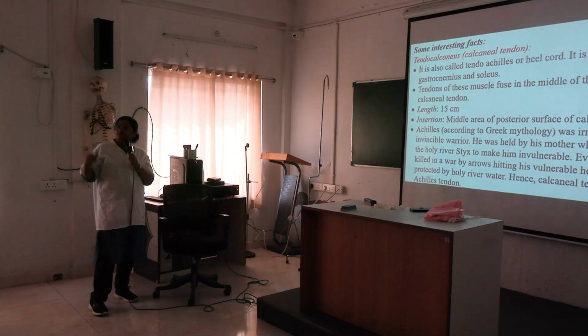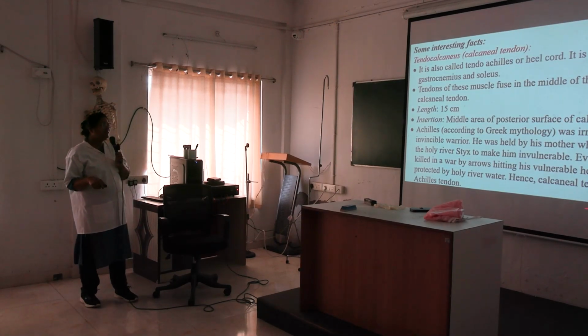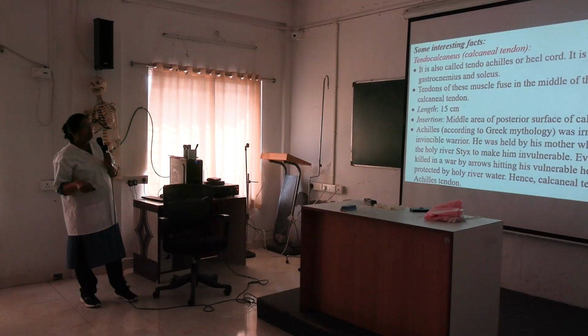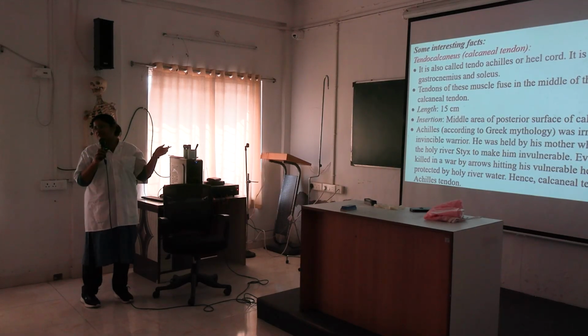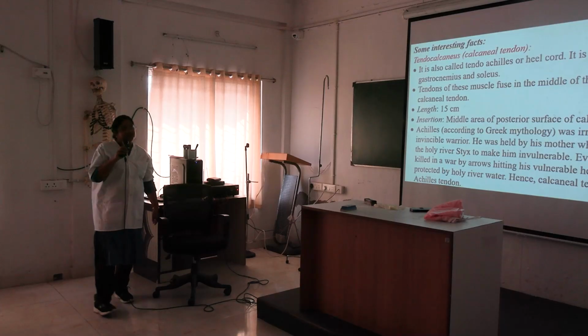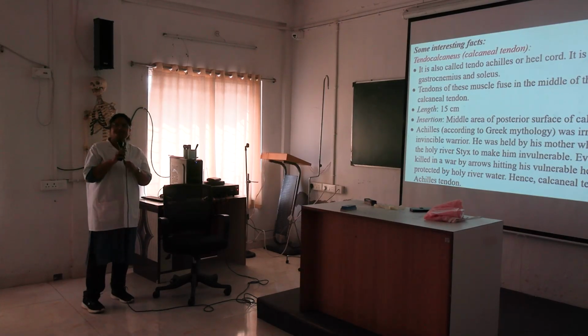Okay, that was not dipped in the river water, and which was not protected by holy river water, and hence the calcaneal tendon was called Achilles tendon. Okay, this name has come from this story, tendocalcaneum or tendoachilles. Okay.